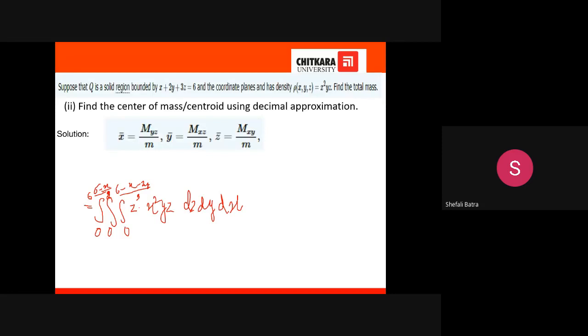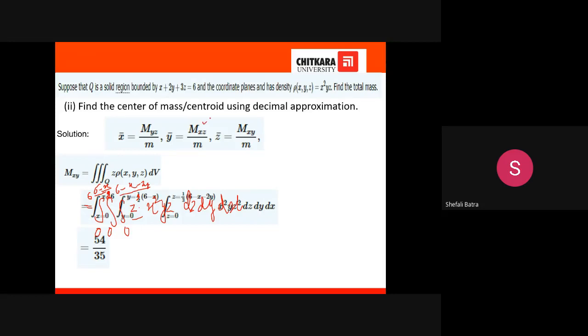Getting this integral, z rho dv, z is z as it is, rho is given as x square yz, and dv is dz dy dx, and you know the limit, same as in the previous question, and you will be solving this integral, and after solving this you will get Mxy is 54 by 35, right?